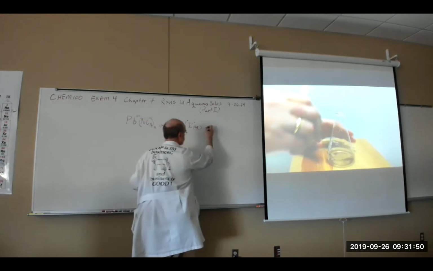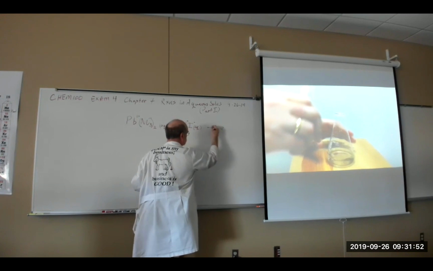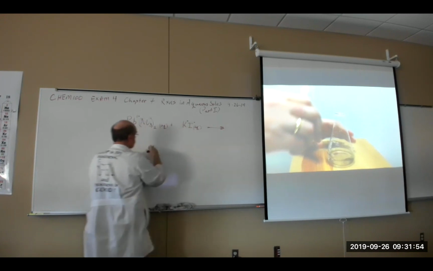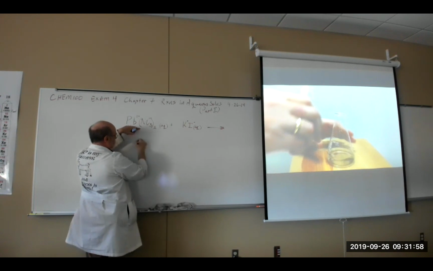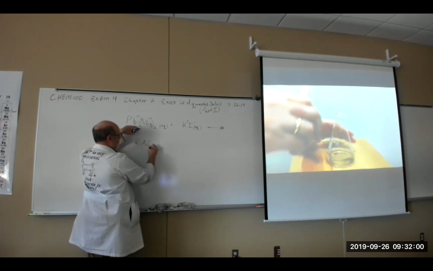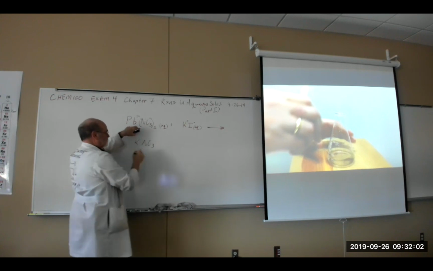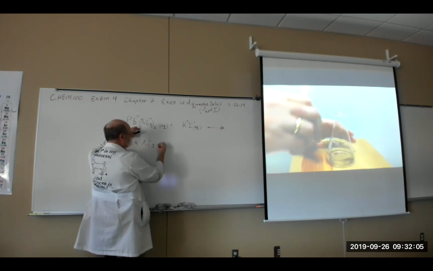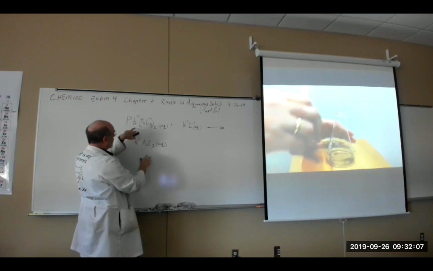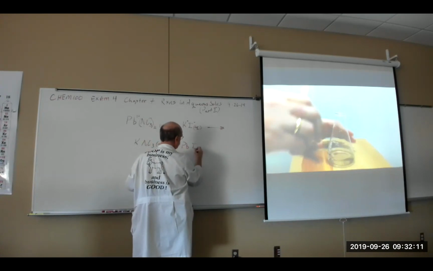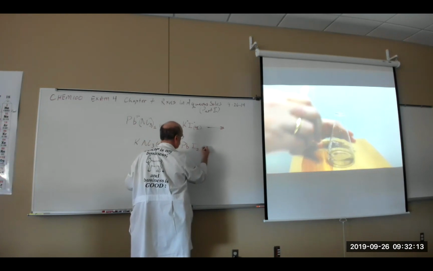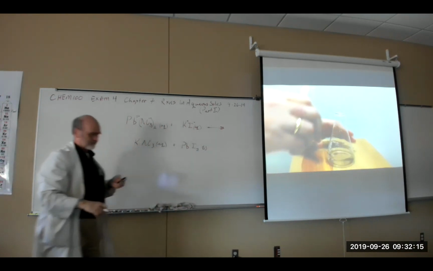And what you get is, I'm going to have to draw it down here. You get potassium combined with nitrate, which stays in solution. And lead combined with iodine, and that forms your solid.